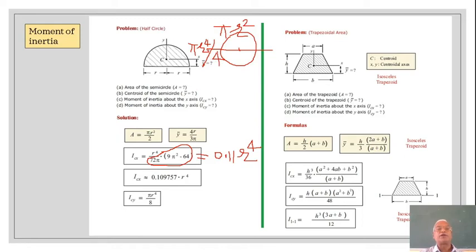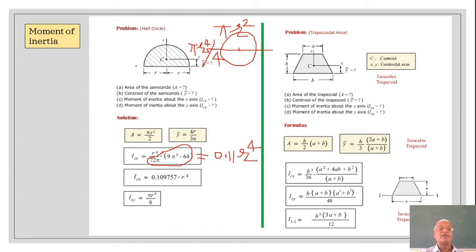So pi r raised to 4 by 4 is the moment of inertia of a circle with an axis passing through the centroid. This axis may be inclined, horizontal, vertical, it doesn't matter, because the circle is always symmetrical. So whether it's a vertical axis or horizontal axis, it remains the same.